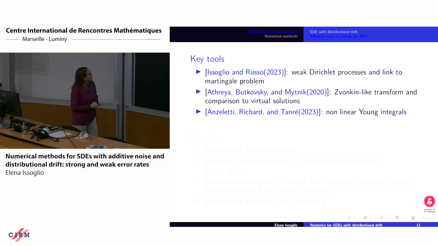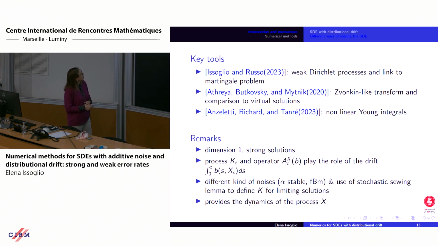Okay. And again, in dimension 1, you recover strong solutions, also in this setting. Very importantly, you can use fractional Brownian motion, which you couldn't in the first one with the martingale problem.